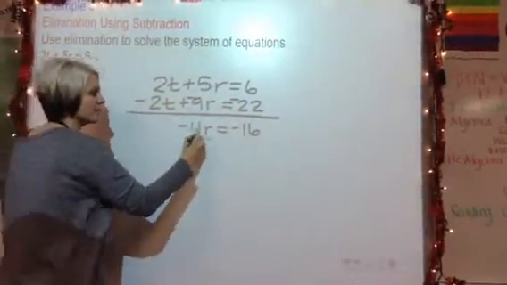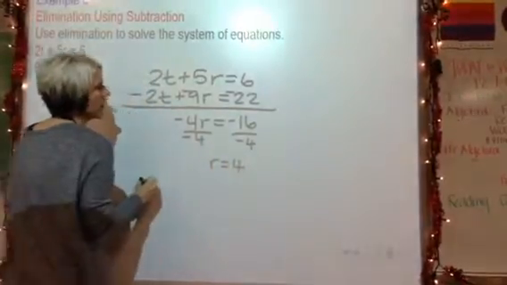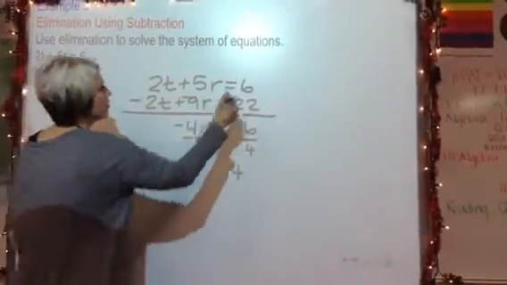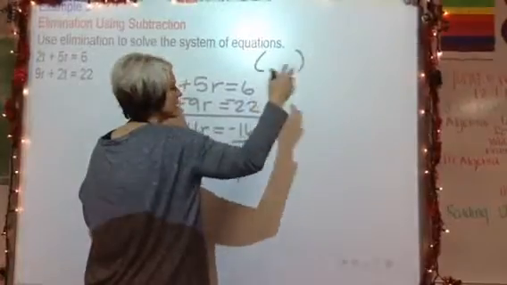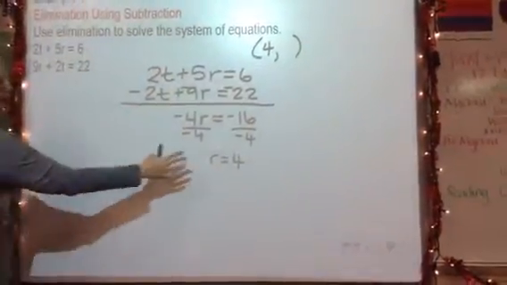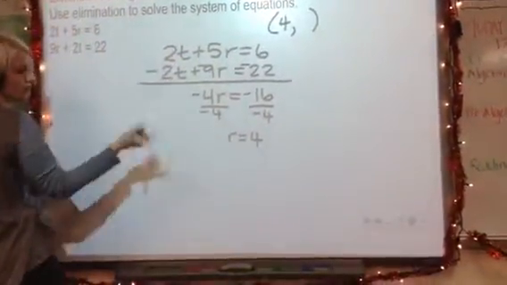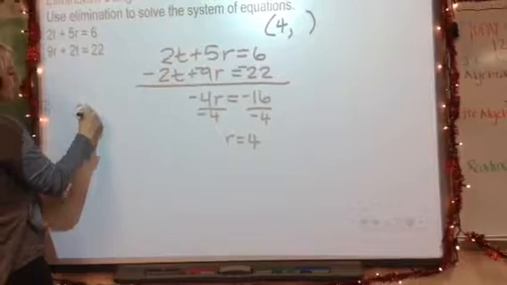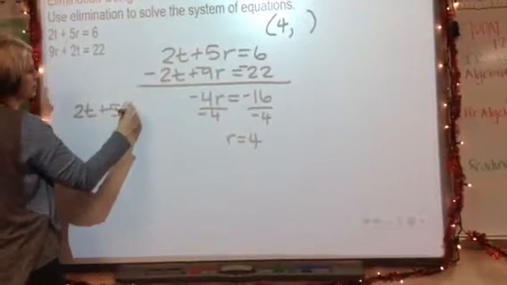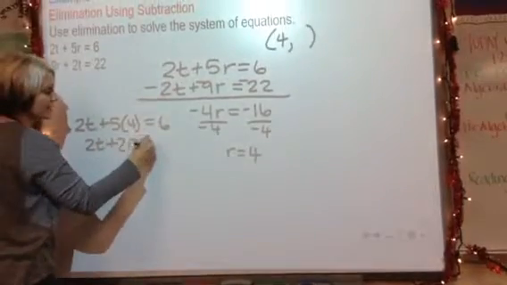I want to get r by itself, so I divide by negative 4, and I get r is equal to positive 4. Let's have r be the x value. Now, I want to put the r into something so that I can find t. So we're going to do 2t plus 5 times 4 equals 6. 2t plus 20 is equal to 6.